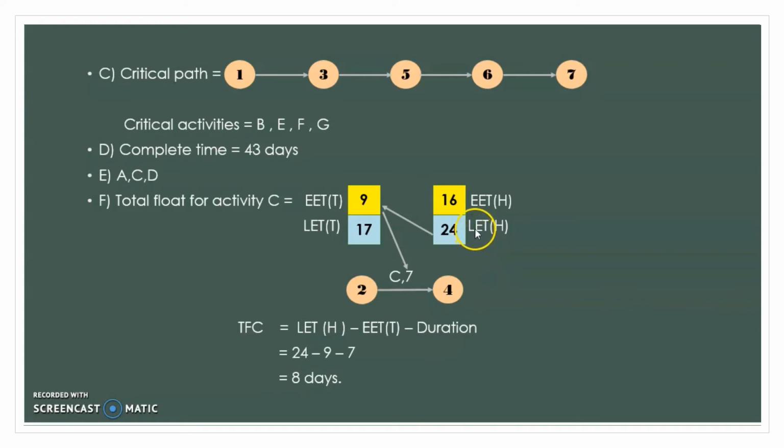So LET head, which is 24 here, minus EET tail, which is 9, and minus the duration. The duration is the duration for activity C, which is 7. So it will be 24 minus 9 minus 7. So the total is 8 days. Okay, that's all from me.